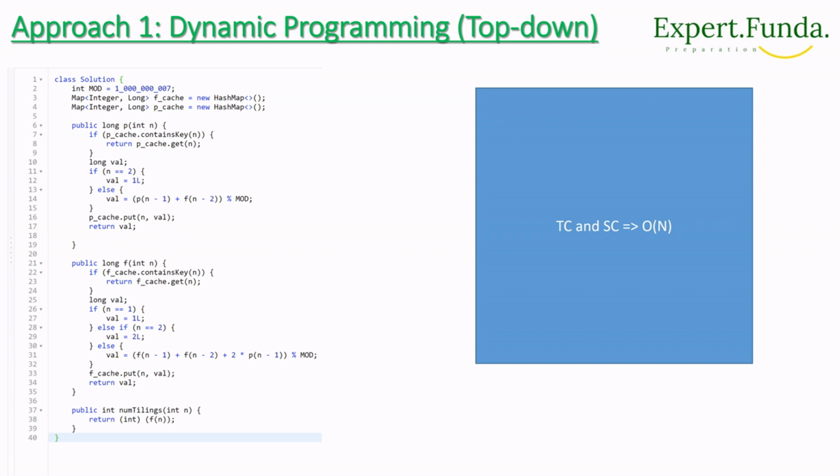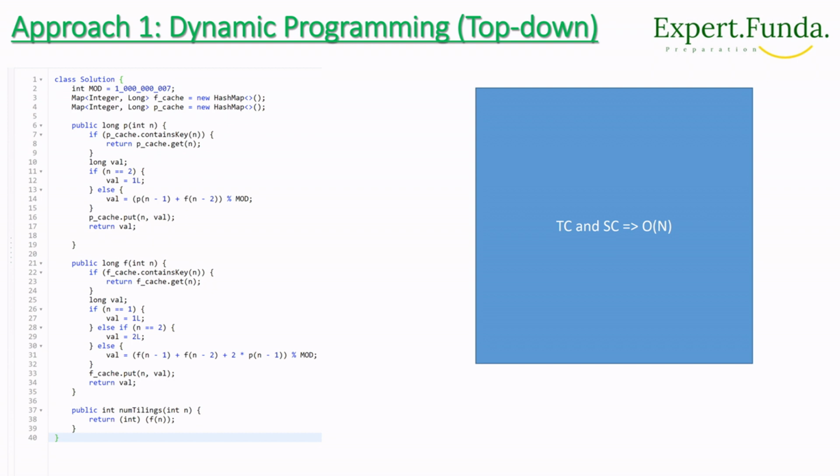Okay, so then we will create a recursive solution from f of n to the bottom. The base case is described in the algorithm section, since it's generally more intuitive to solve dynamic programming in a top-down manner. Additionally, to avoid repeated calculations, we will memoize the result of each subproblem by storing the calculated results in two maps. So we'll take f cache and P cache.